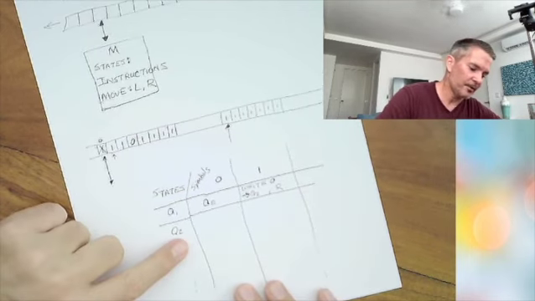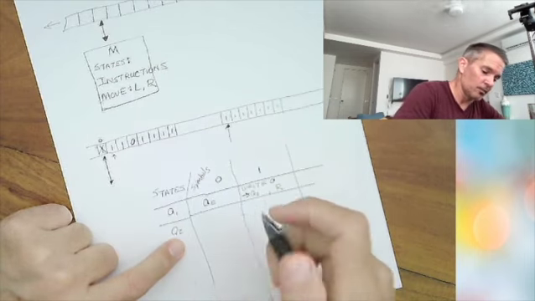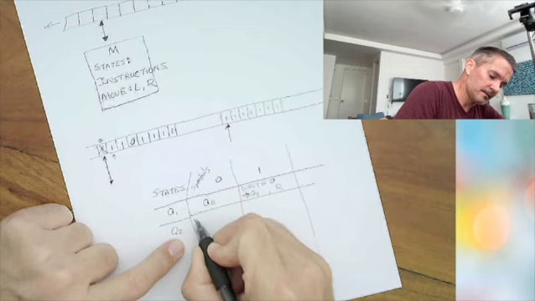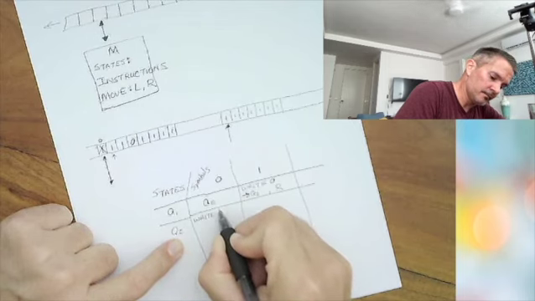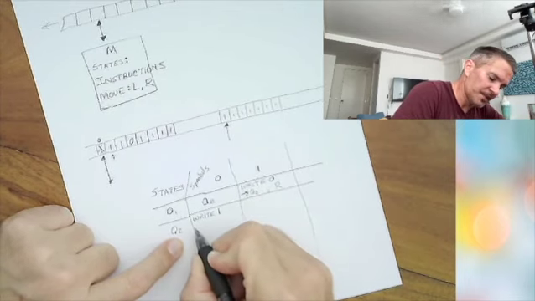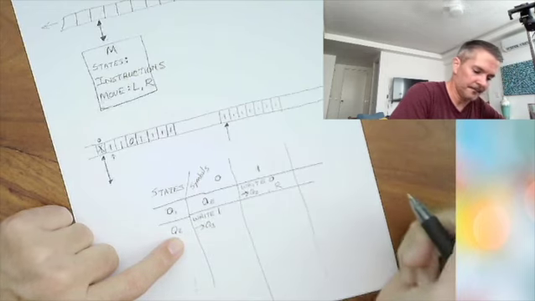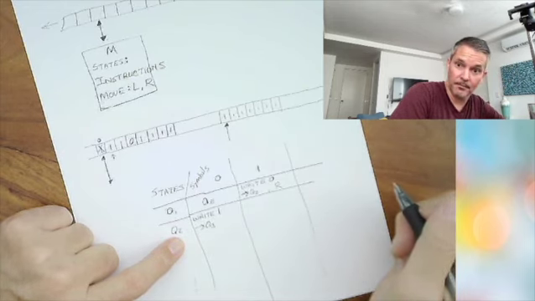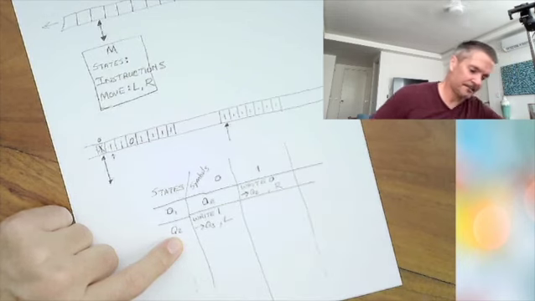So when I encounter the 0, I am going to write a 1. I'm going to transition into state Q3. Okay. And I'm going to move to the left.